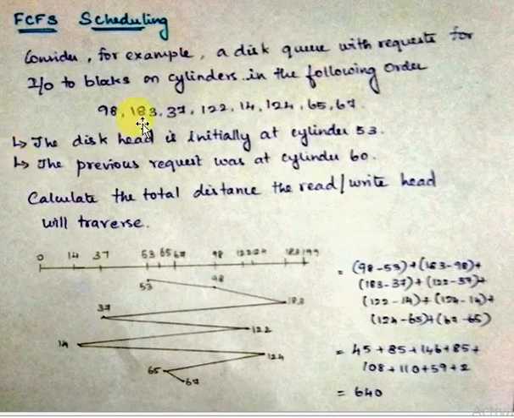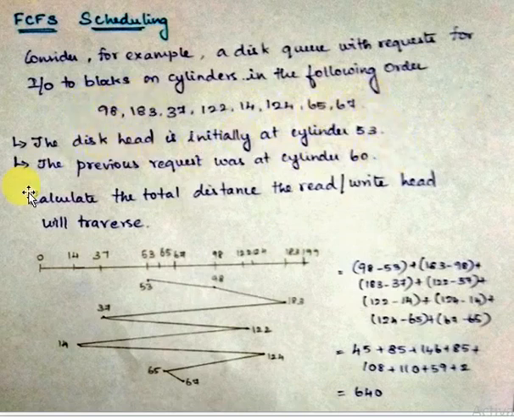Moving on to the first algorithm, the FCFS scheduling algorithm. There is always a disk queue being maintained in the disk scheduling algorithm, where whatever requests come from the processor to do an IO, either an IO read or a write on the cylinder, all the track numbers are maintained in the disk queue.